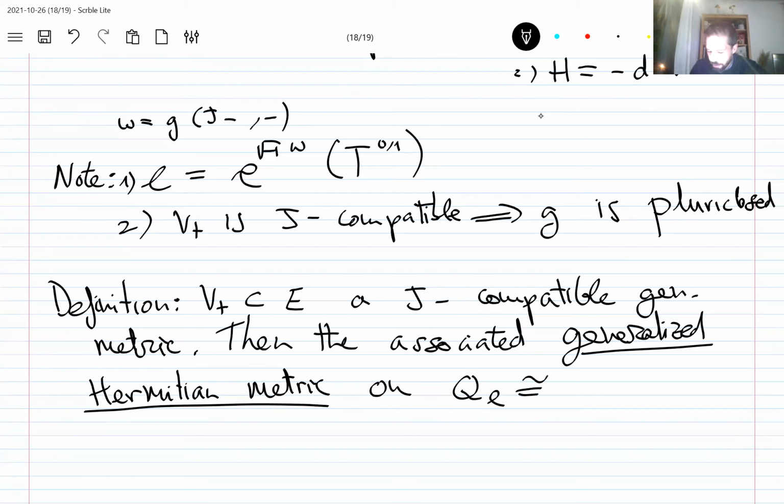Recall that Q_L is simply tangent 1,0 plus cotangent 1,0 with the d-bar operator twisted by 2 square root of minus 1 del omega. The metric in this case is given by the following.